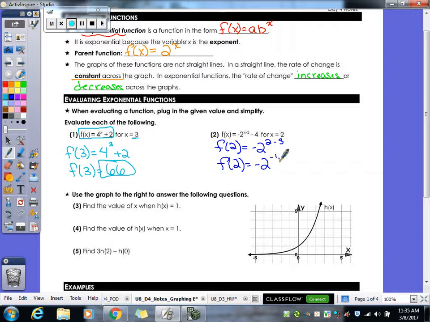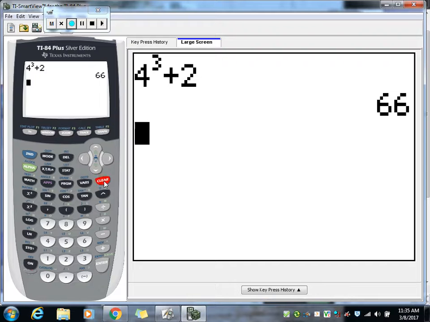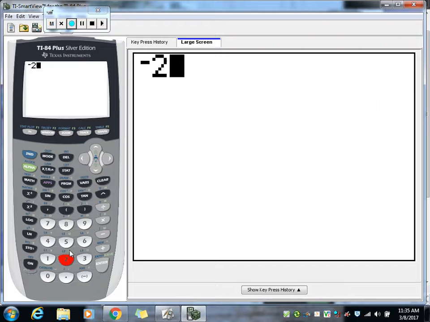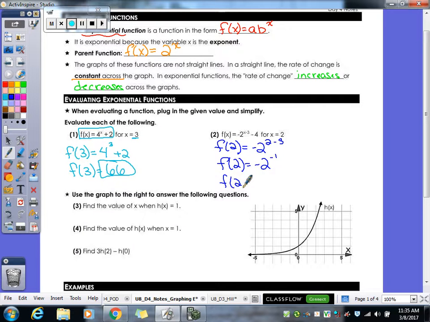Let's use your calculator: negative 2, my caret key for my exponent, negative 1. Then we hit enter. We get negative 0.5. What is that as a fraction? So f of 2 equals negative 1/2. They always want the fractions over the decimals.